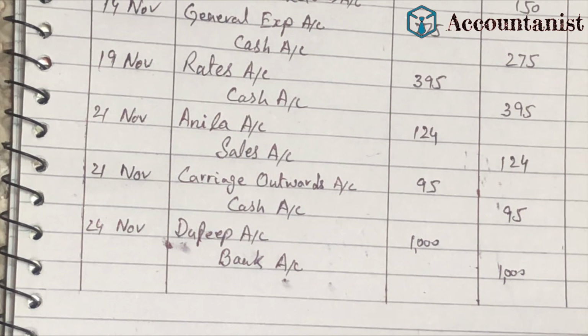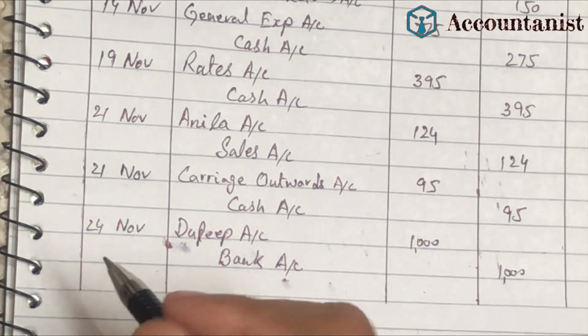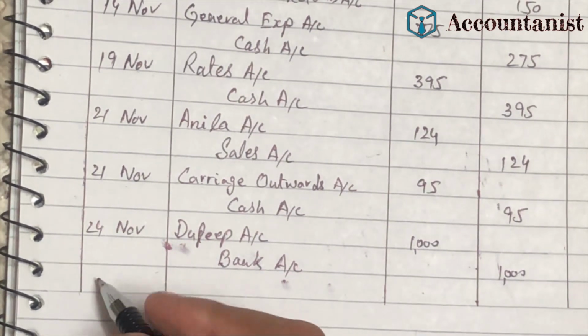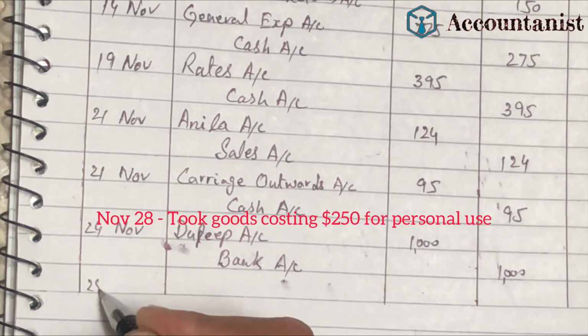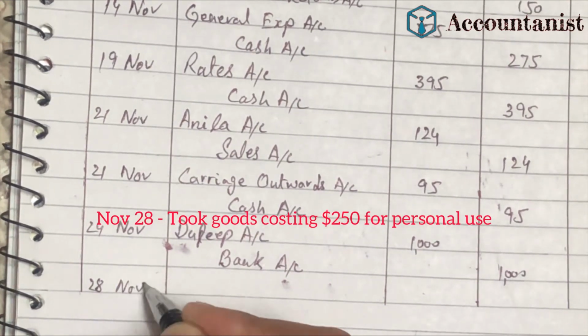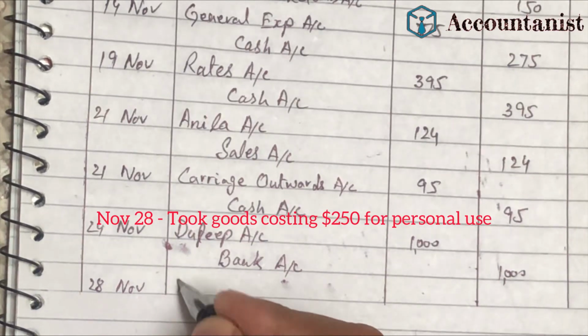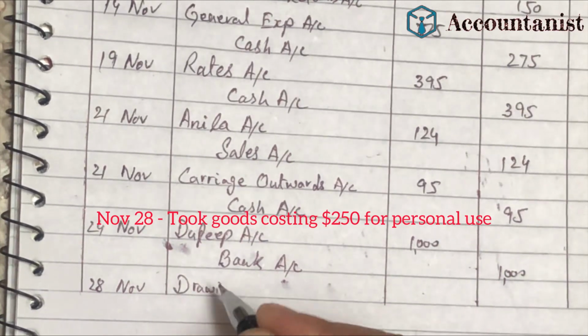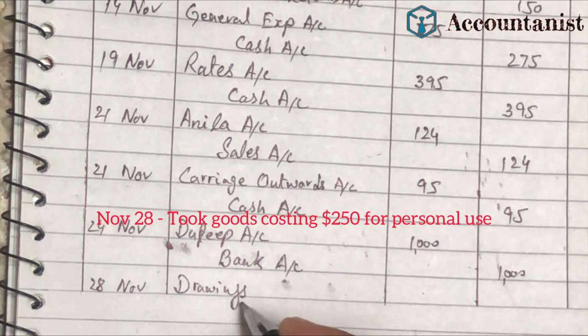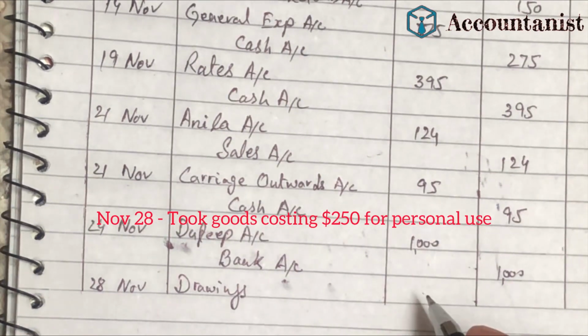So the next transaction that we are going to record here is on the 28th of November, which means that the owner took some goods costing $250 for personal use. Now in this transaction drawings have happened, which means drawings are always recorded on the debit side.